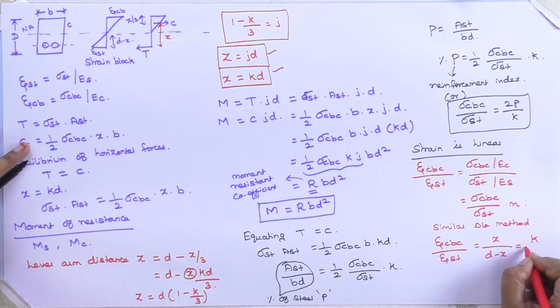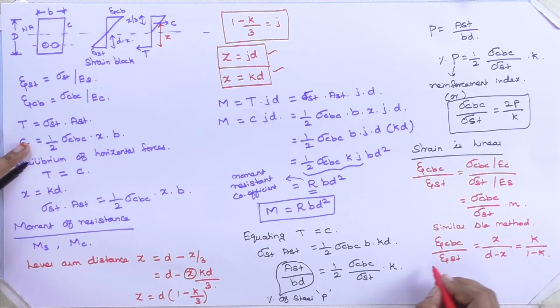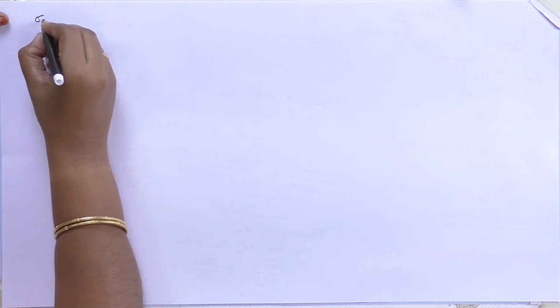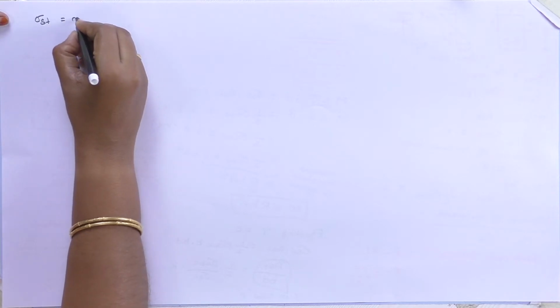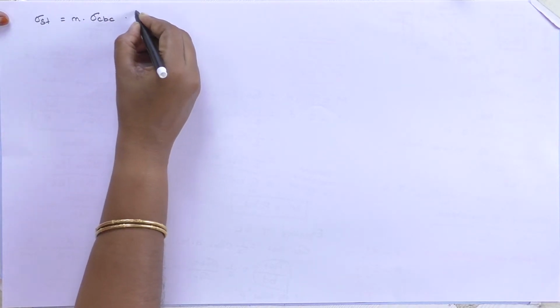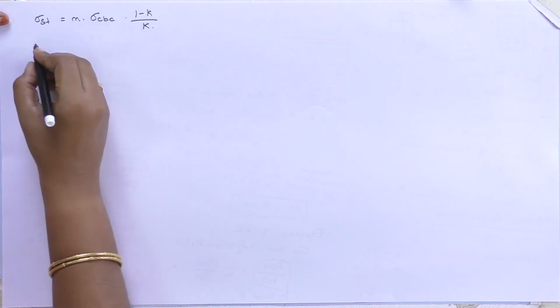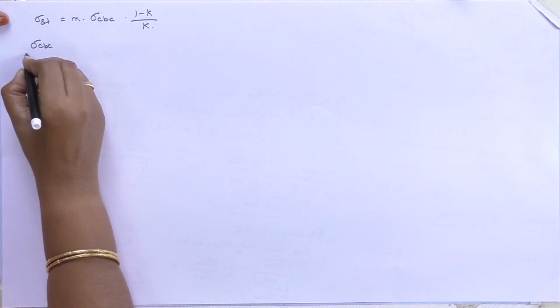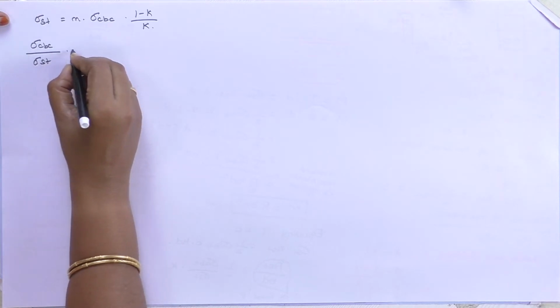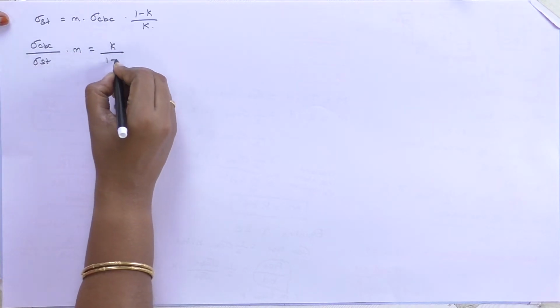This we can call k divided by 1 minus k. Sigma CBC divided by sigma ST into m is equal to k divided by 1 minus k. Sigma ST is equal to m into sigma CBC into 1 minus k divided by k.